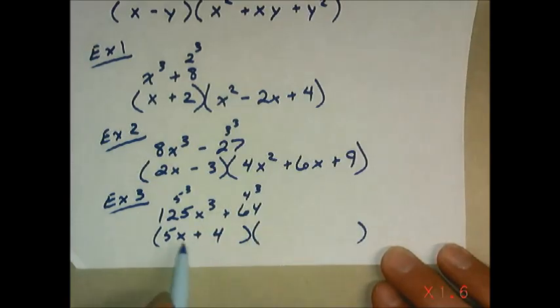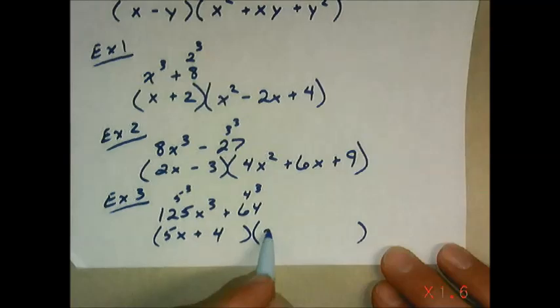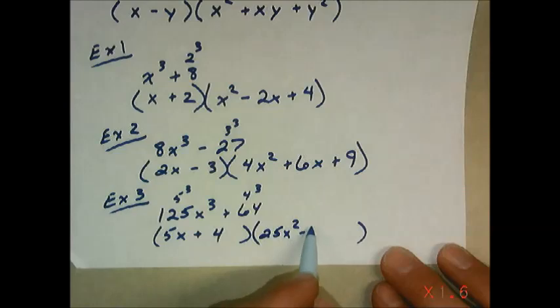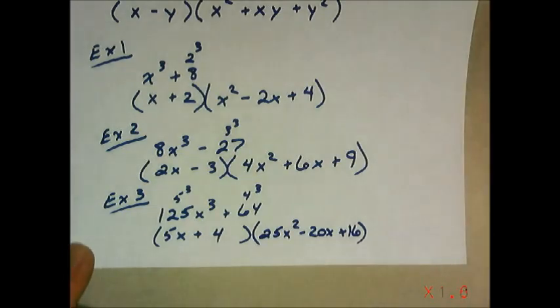And our trinomial, we're going to multiply 5x to itself, so we get 25x squared. Multiply the two together and change the sign, so minus 20x. And finally, 4 times 4 gives us plus 16. And that's the factoring of cubes, sum and difference.